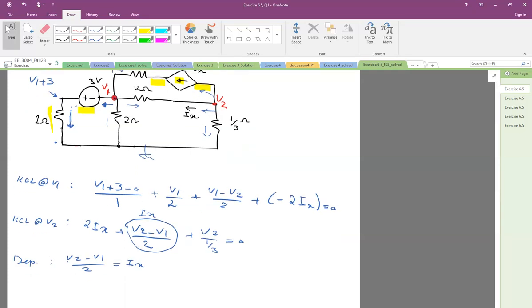We can solve it. Now, in this case, it's not that hard to solve. So this is 3Ix plus 3V2 equal to 0.